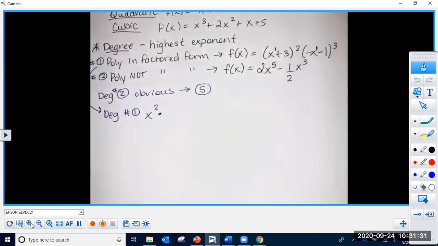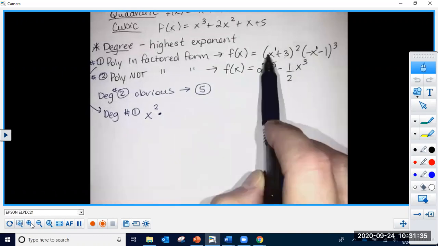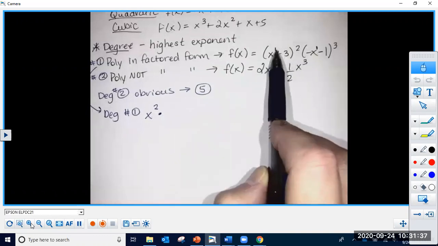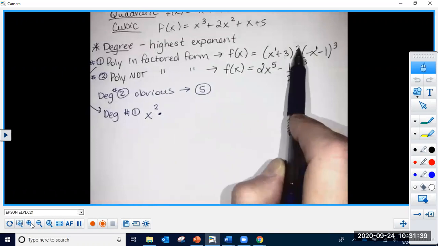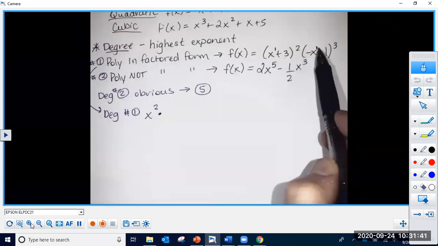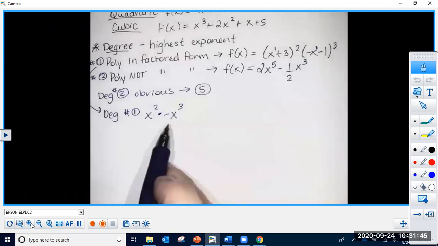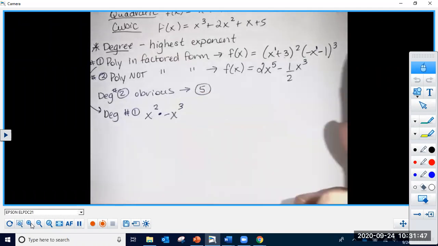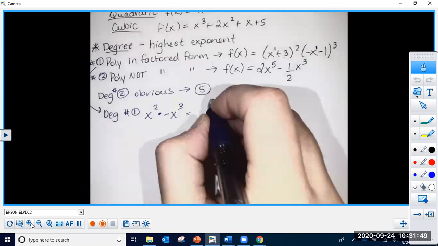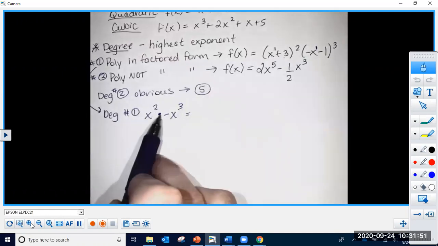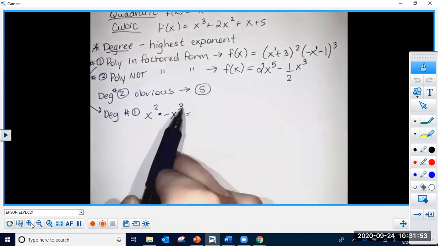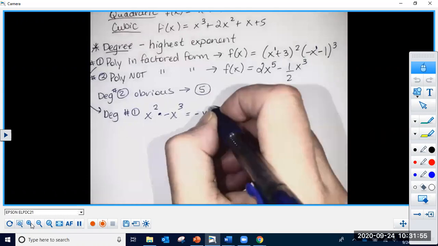So all you have to do to get your total degree, take your exponent of x inside, which is 1 here, and multiply it to 2. Take your exponent, which is 1 here, and multiply it to 3. You don't really have to worry about the negative, and then just add that up. Like if you multiplied x squared to x to the third, you would get x to the 5th.